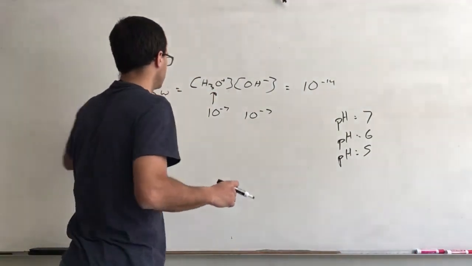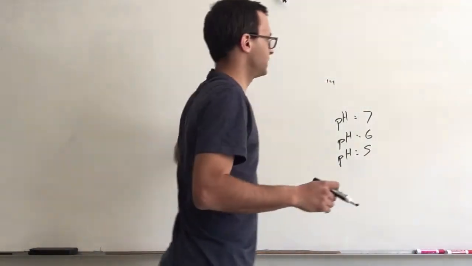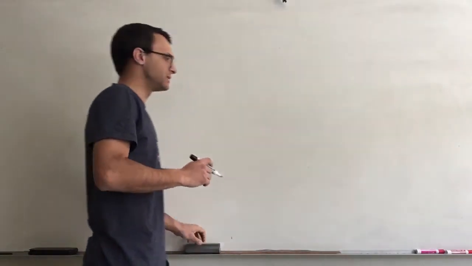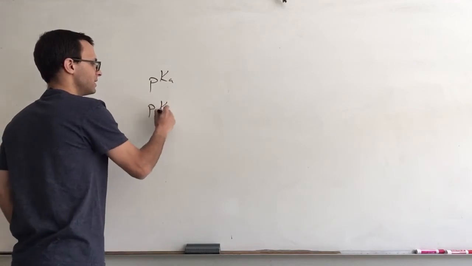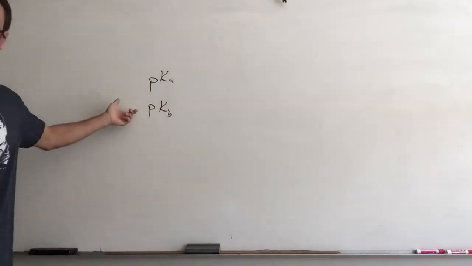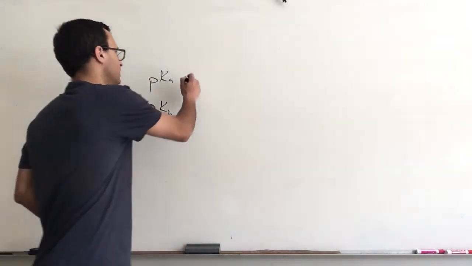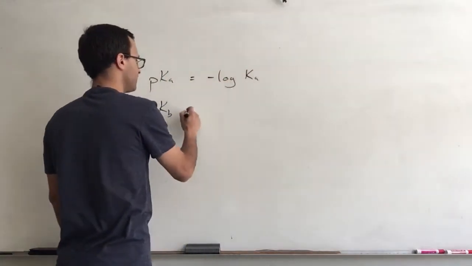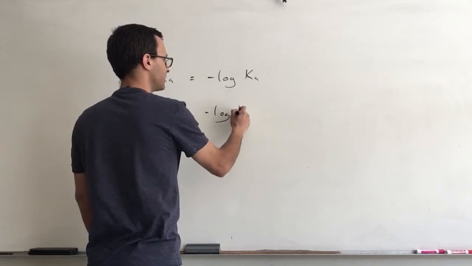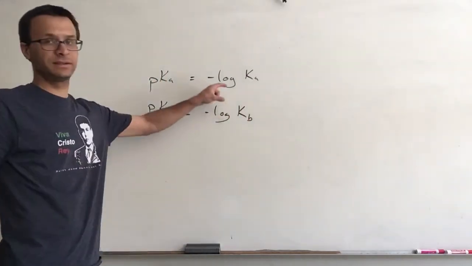Okay. One quick other value before we get into a few key relationships is pKa and pKb. Again, we see the P, which is just the negative log. The negative log of the Ka and the negative log of the Kb. This does the same thing.